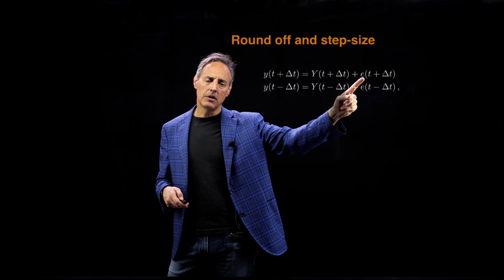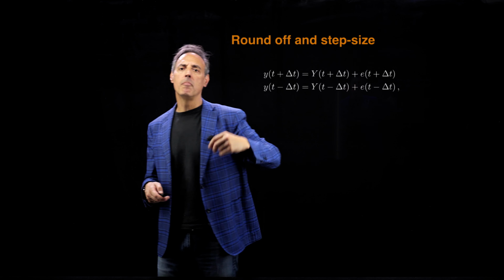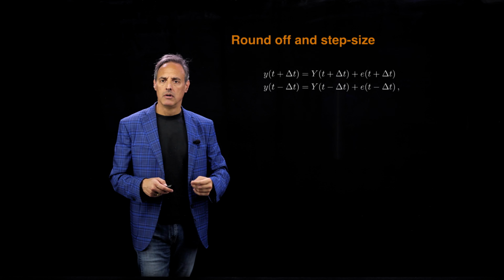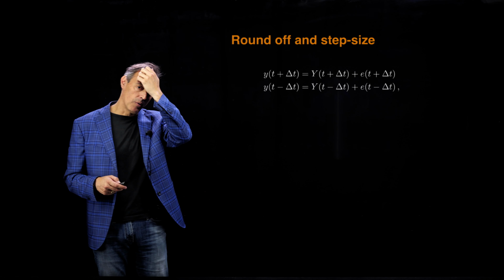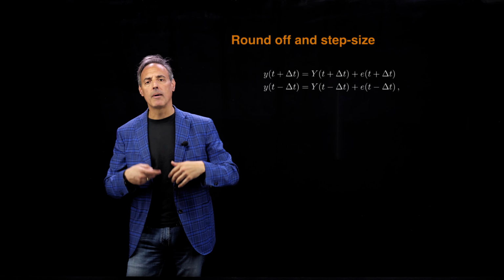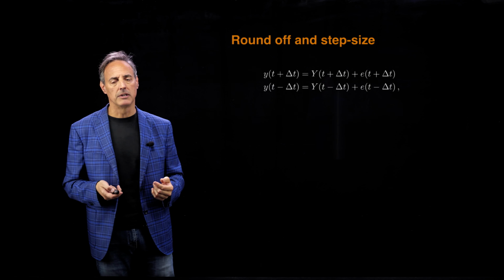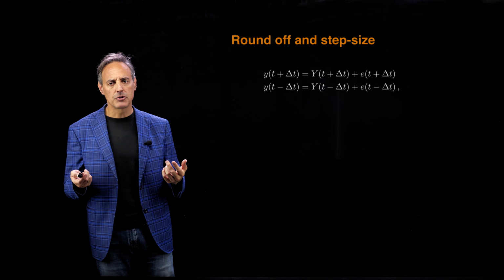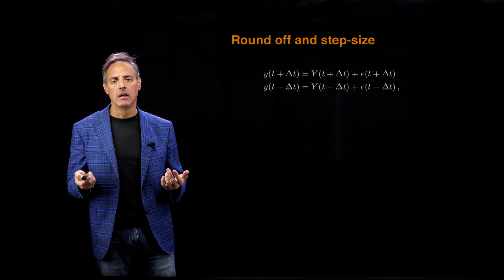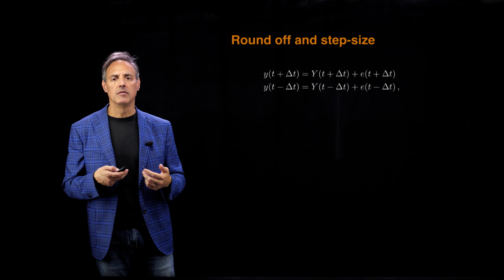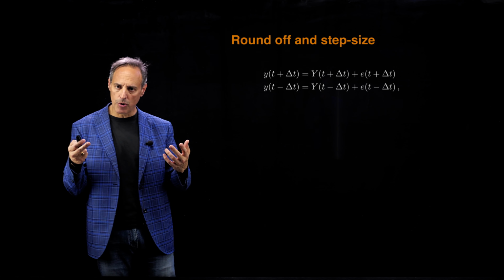And this epsilon here represents the numerical round-off. No number is really represented completely; it's only represented to 16 decimal places. That plays a role in limiting how accurate we can make these derivative estimates, and I'm going to show you this explicitly.